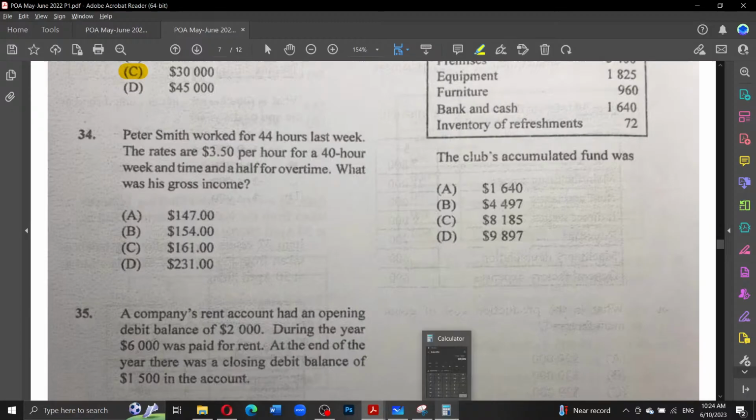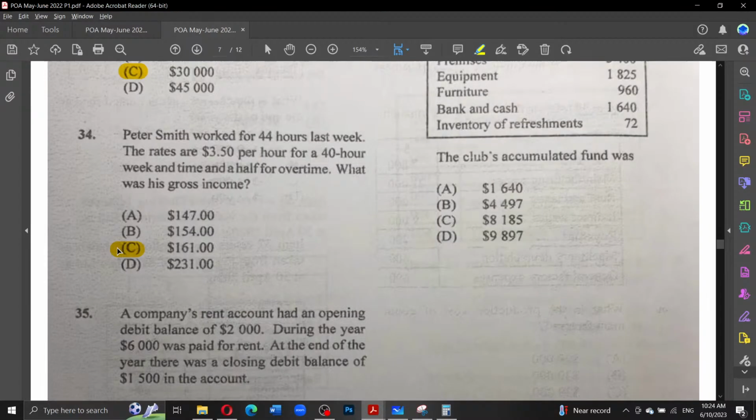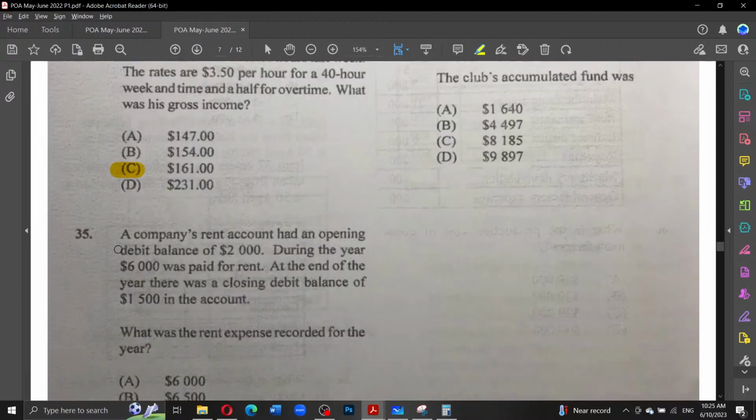So for the 40 hours, he worked at $3.50. The zero doesn't really matter. So basic wage multiplied by time and a half. The overtime is $21 and the actual amount is $161. I hope that's clear.